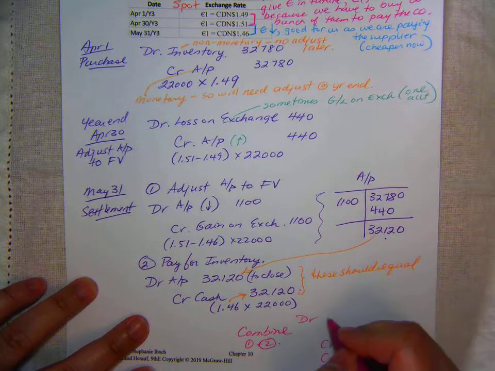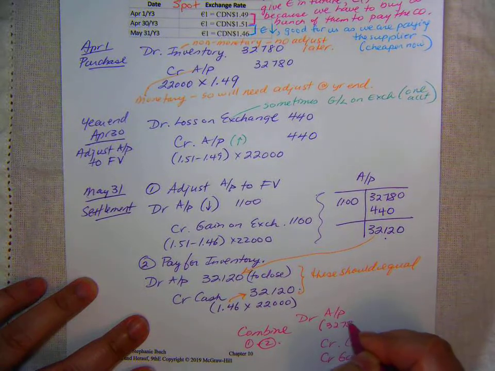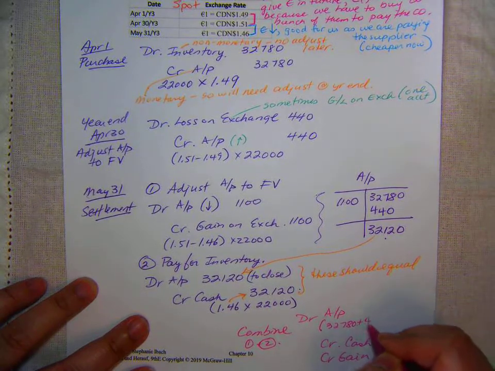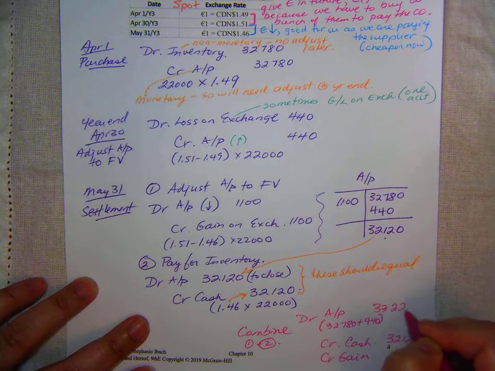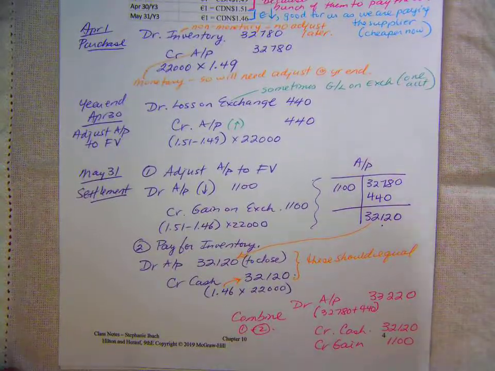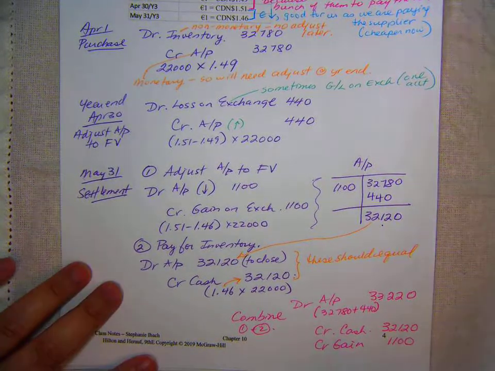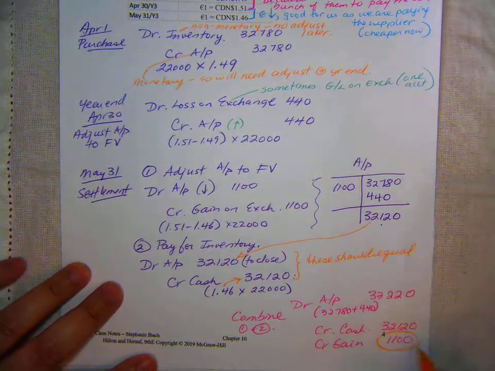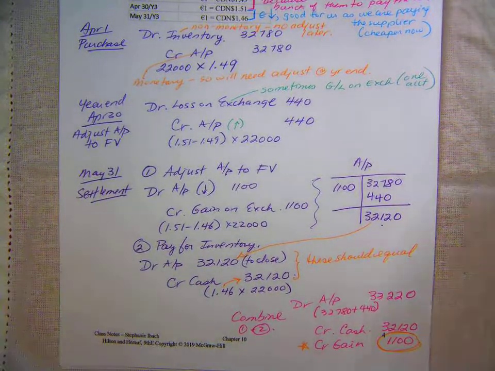And that means you're going to debit AP 32,780 plus 440, which is 33,220. If you are going to combine them, and Connect may make you, people forget the gain most often. So just make sure you've got your gain in there and you'll be good.